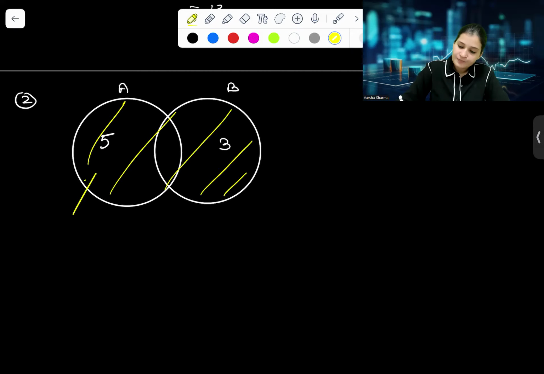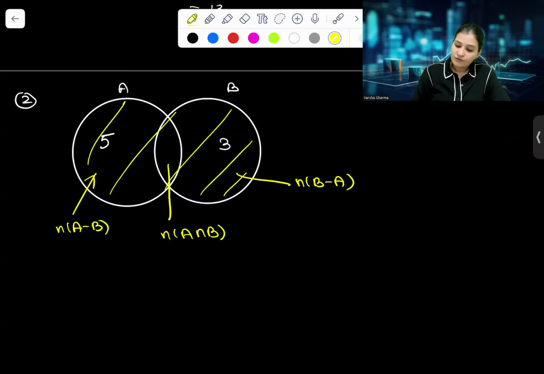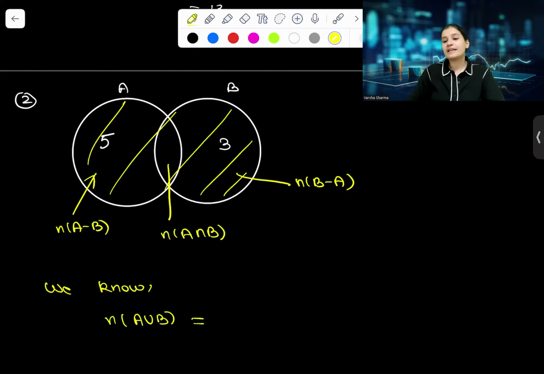See, this portion is A minus B. This portion is B minus A. And this portion is the intersection. So can we not make our own formula? Number of elements in A union B, how can we write that?